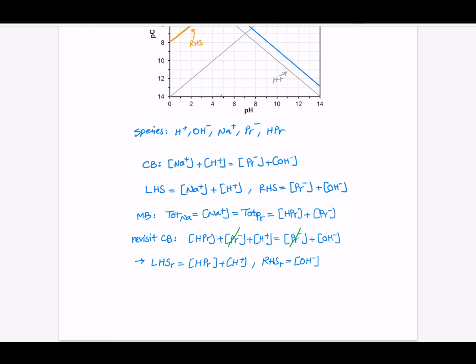So what we did was defining different lines of LHS and RHS. This time one of them is just one species or one line, the other one is the combination. So by doing this simple trick, we actually simplify this. This makes sense. This is another representation of charge balance.